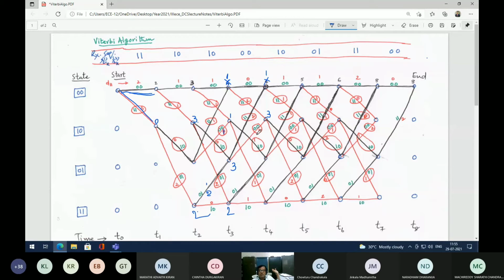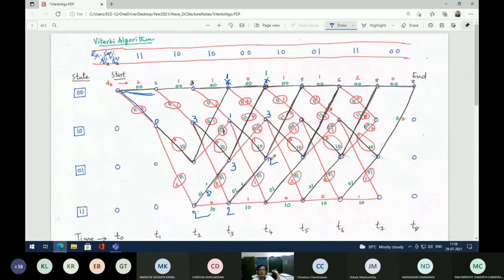The Hamming distance 1 plus 1 is 2 here. If I come this way, this is already 2. But this one, what is its Hamming distance? 0, 1. It's only 1. Hamming distance is 1 here. So 2 plus 1, it is 3. But whereas you are coming this way 2, so don't write this 3.